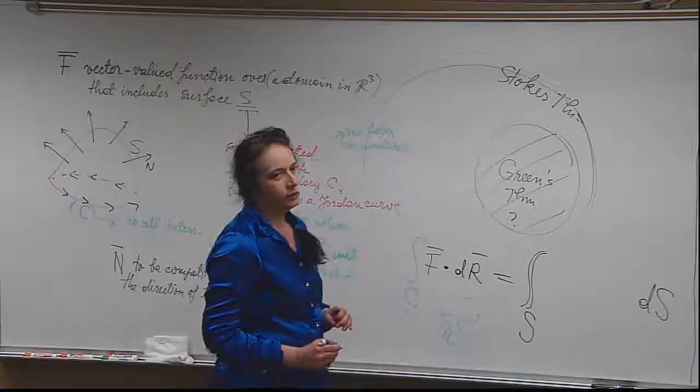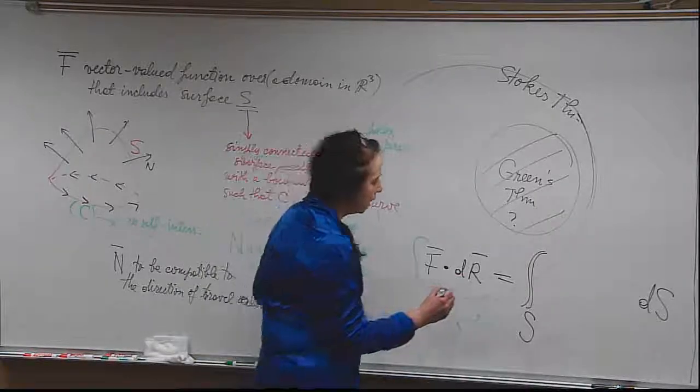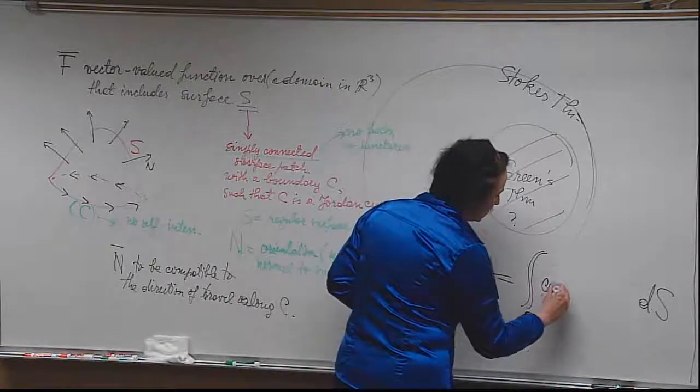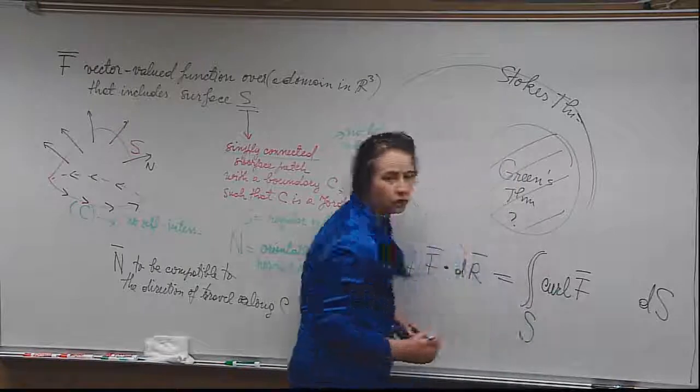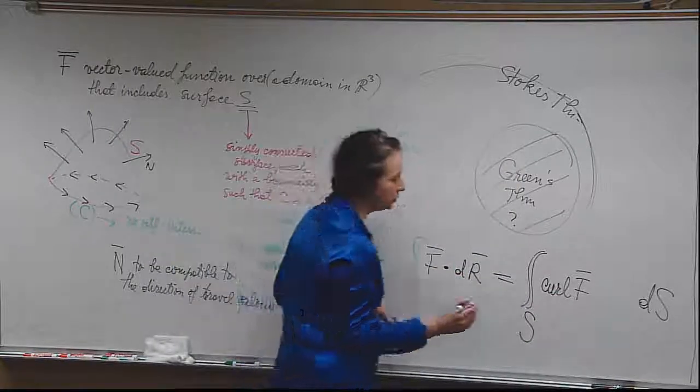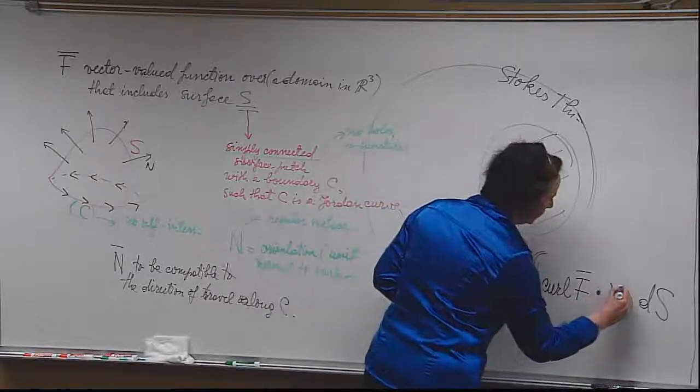Oh, guess what? You wouldn't know unless somebody taught you before coming to class. This is going to be curl F. What is curl? It is a vector. So I have to do a dot product with another vector, and that vector is n.